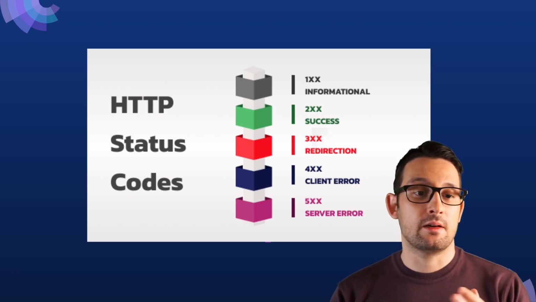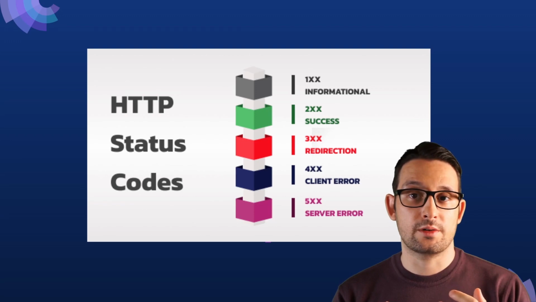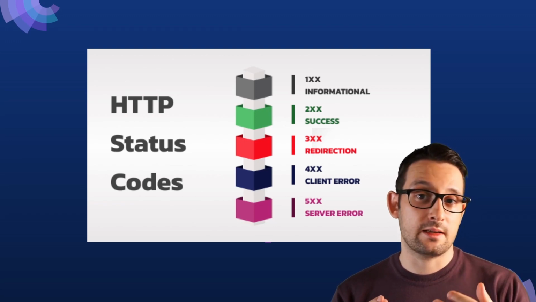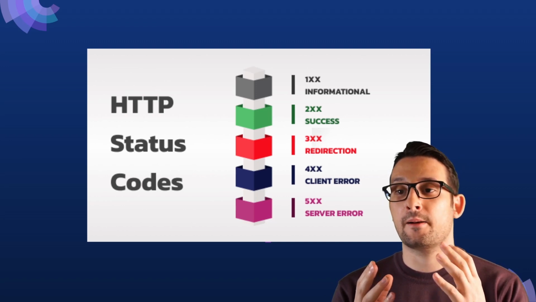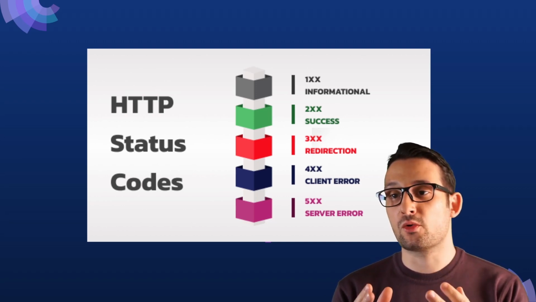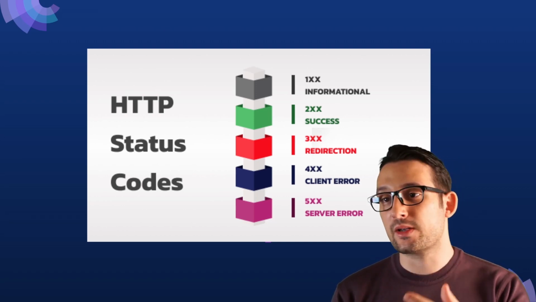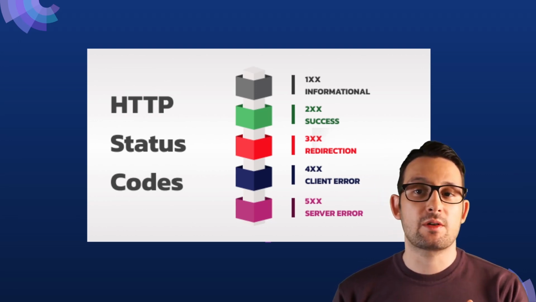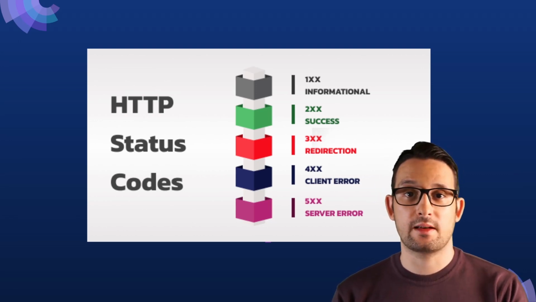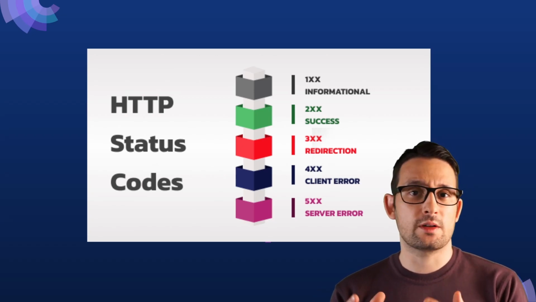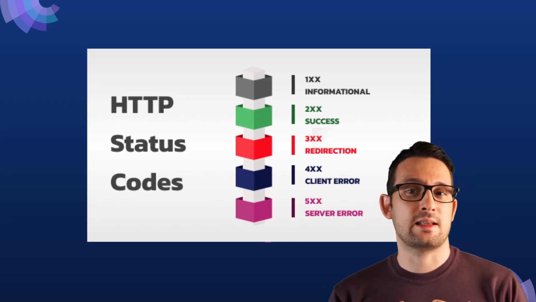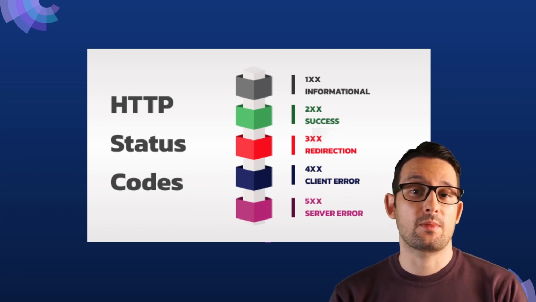The ones here in green, 200 to XX, successful, indicate that the request was successful and that the server was able to fulfill the request. And of course, the most common of these is 200 OK, which indicates that the request was successful.